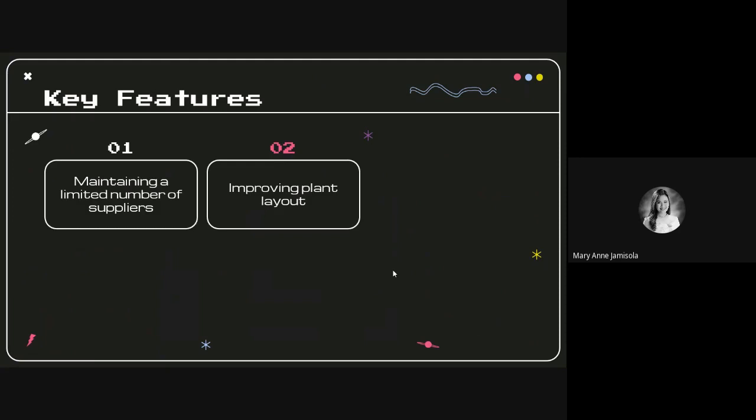And this is to minimize handling and moving. By doing this, the company can dramatically reduce throughput time, or what we also refer to as cycle time, which is the time required to make a product.